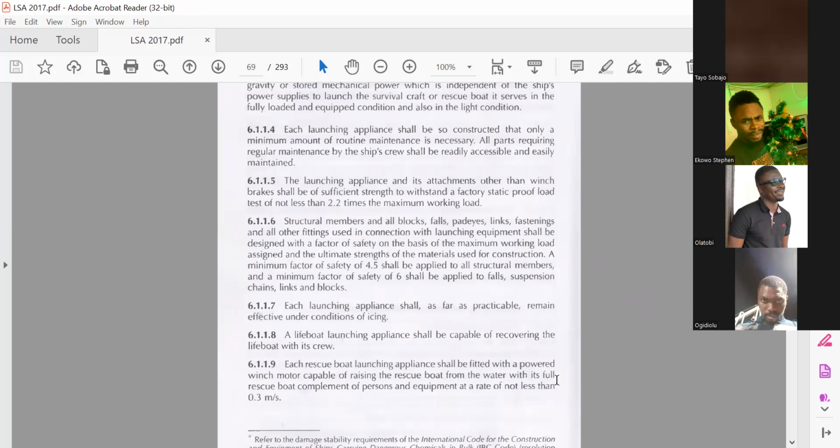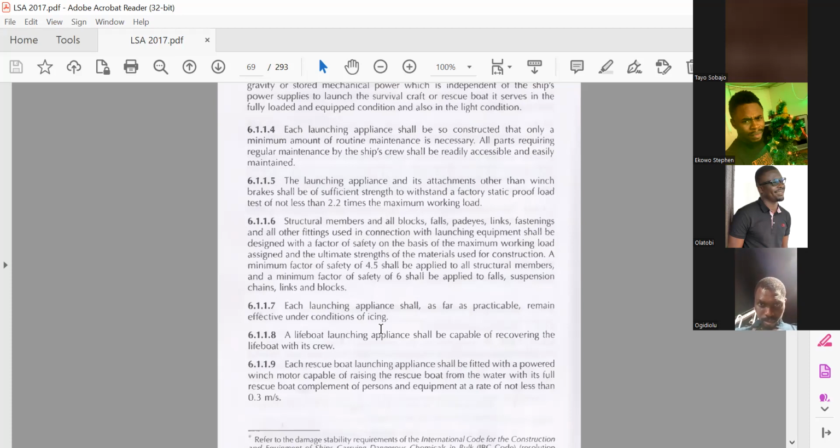Okay, so 16117. It says each launching appliance shall, as far as practicable, remain effective under conditions of icing. This is basically for vessels that are navigating around cold areas.